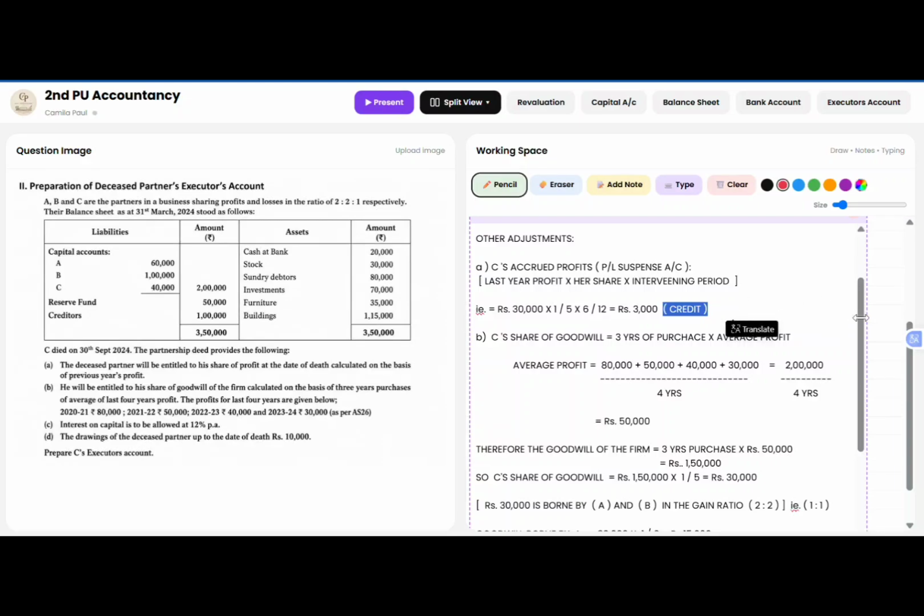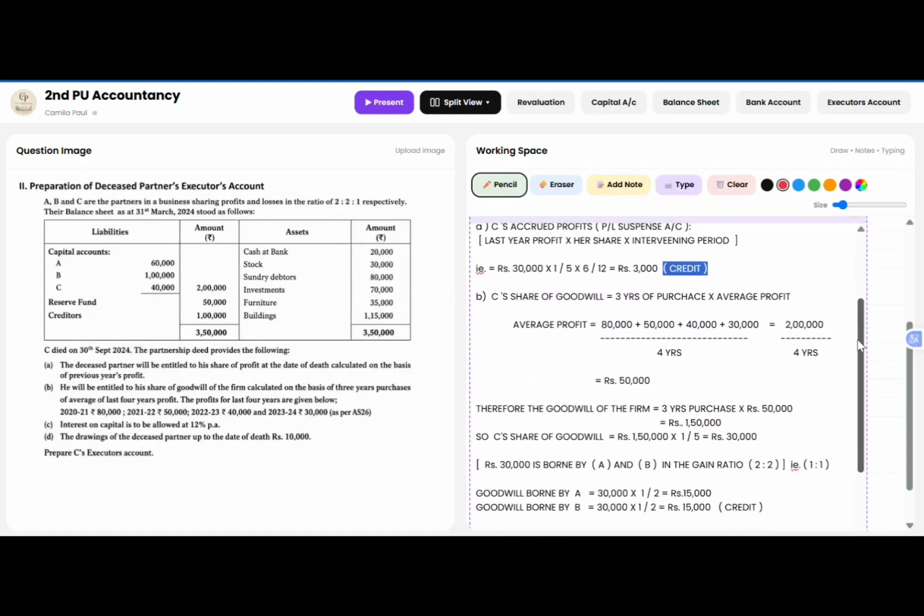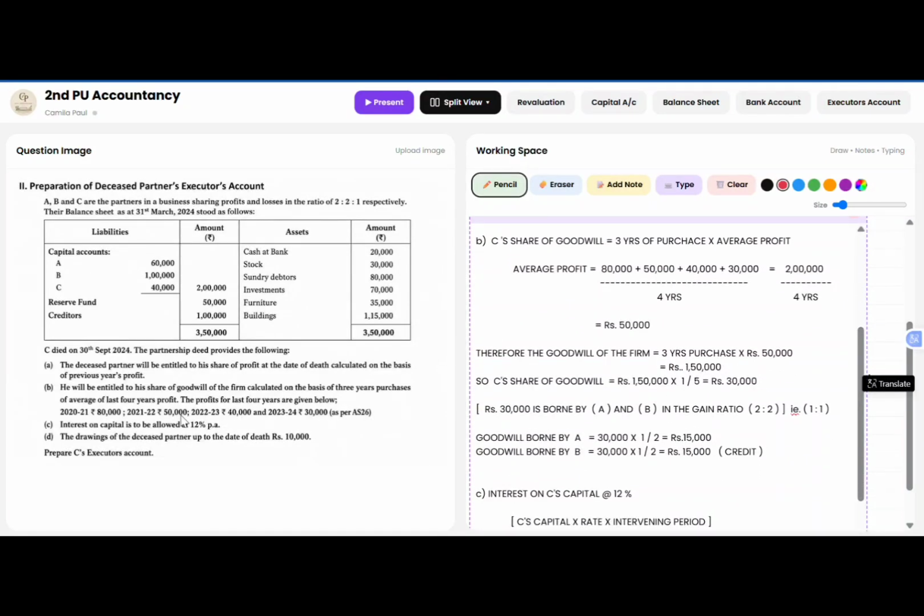Next adjustment says that we have to provide the share of goodwill of the firm that is calculated based on the 3 years purchase of the average of the last 4 years profits, and the last 4 years profits are given here. So this is the calculation we have to make. So see this adjustment. C's share of goodwill will be calculated as per the adjustment given, 3 years of purchase into the average profit.